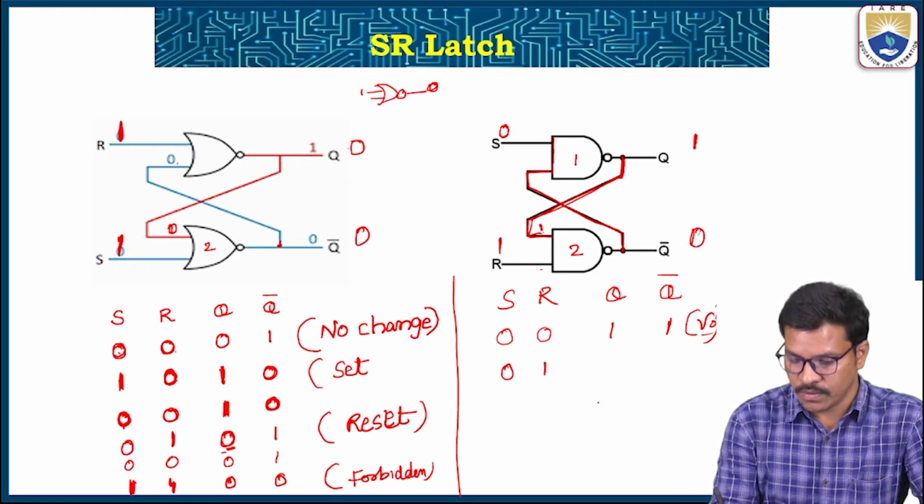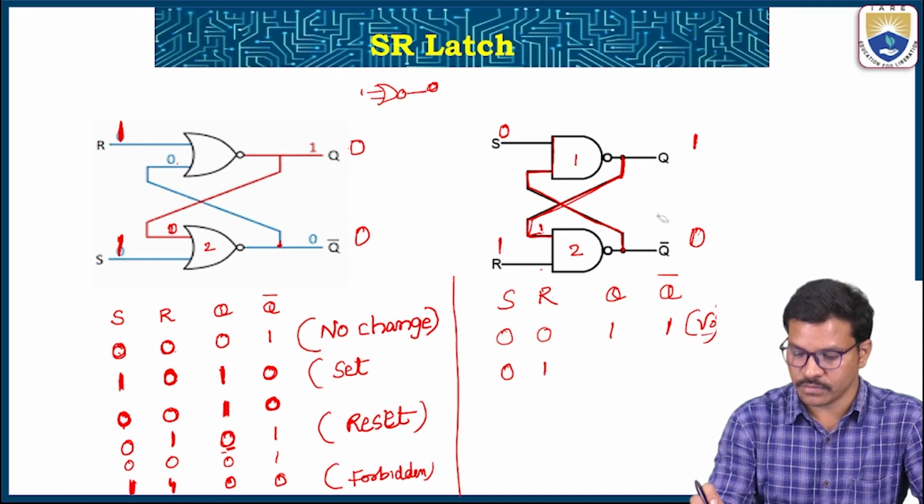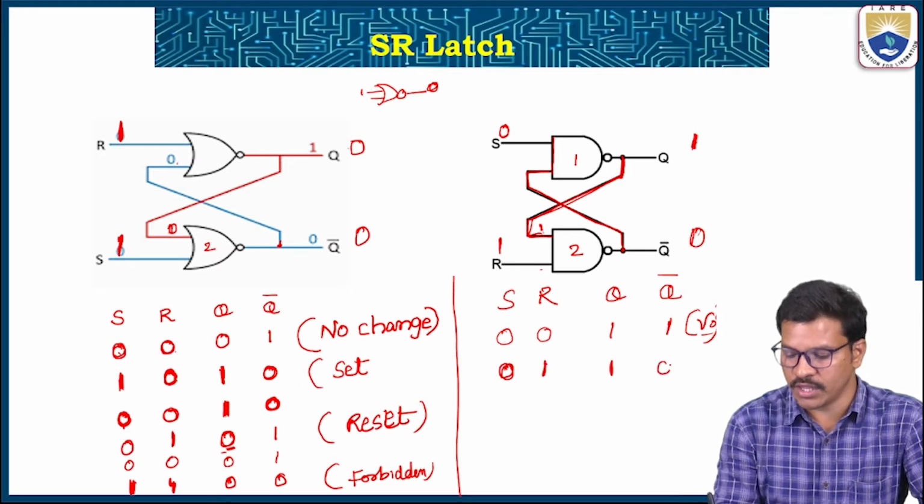So when the inputs are 0, 1, you will get 1 in Q and 0 in Q bar, which is called set in the NAND latch. And when I give 1, 0, you will get 0, 1, the reset mode.